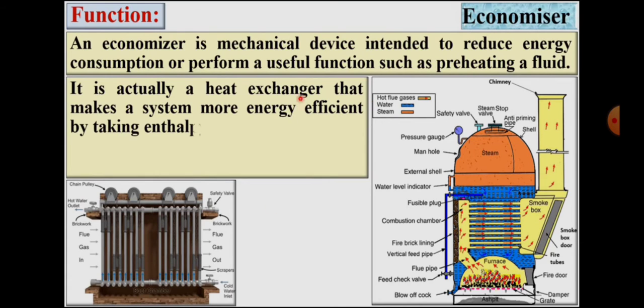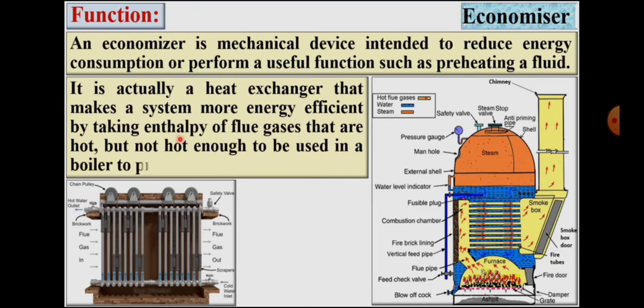It makes a system more energy efficient by taking enthalpy from flue gases that are hot but not hot enough to be used in the boiler to produce steam. Keep in mind that the economizer is a boiler accessory, so it is not compulsory to install it in every boiler.